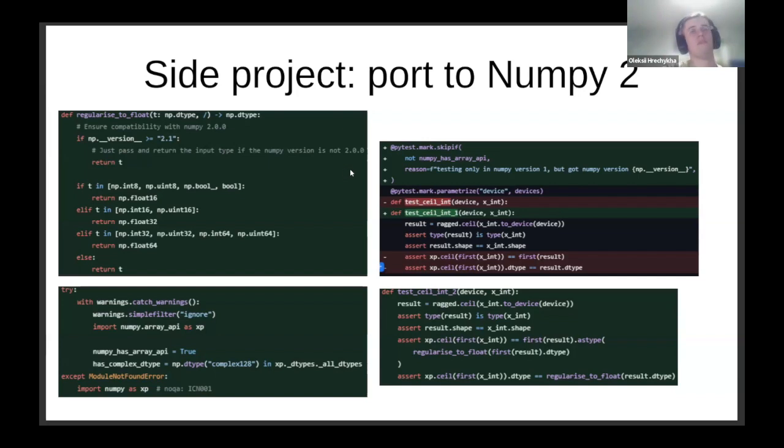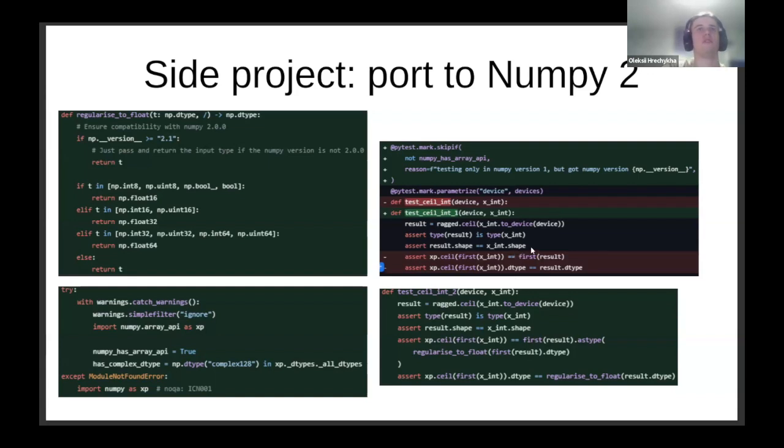And the issue was that some type changes happened in functions that return the ceiling and the floor of some input.